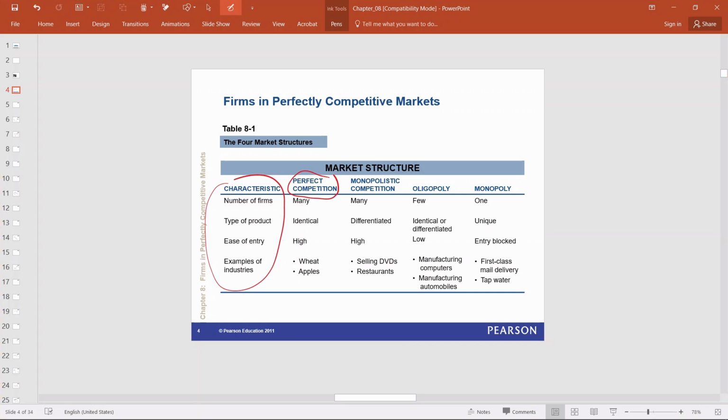And one of the main characteristics is the number of firms. So we have markets with plenty of firms, so many merchants, many sellers in this market.